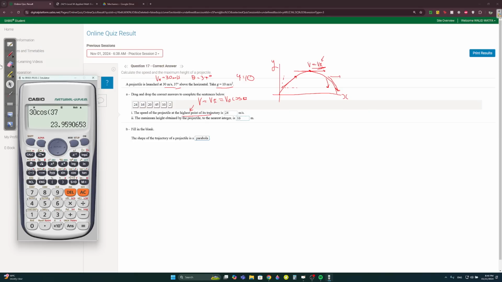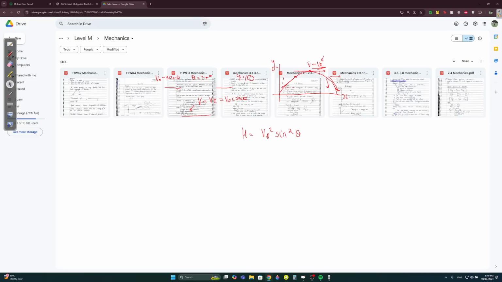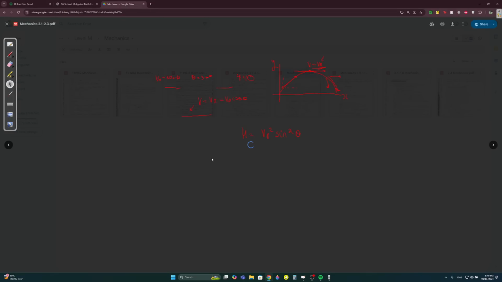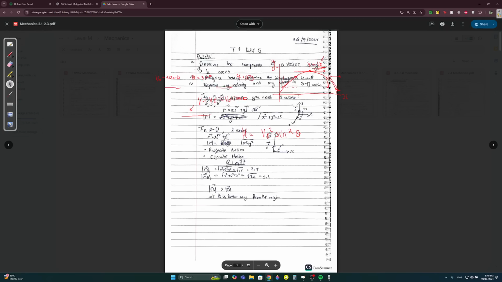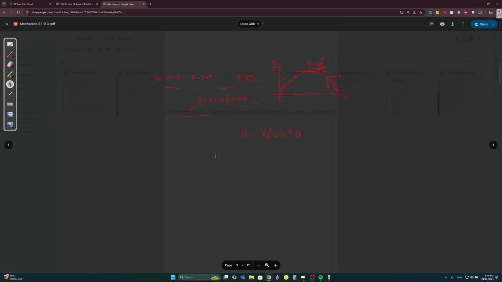Okay. The maximum height attained. Maximum height is always V node squared sine squared theta... sine 2 theta? No, sine squared theta. What was it? I forgot. I think it was sine 2 theta over G. It doesn't want to load.